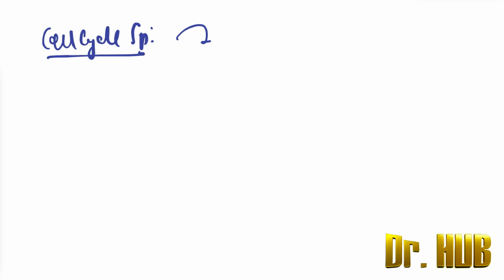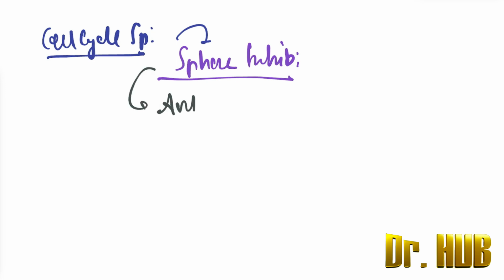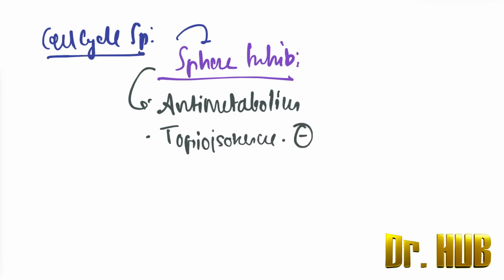Next, broadly we'll look at the cell cycle specific drugs. Under the cell cycle specific, there are the S phase inhibitors. Under the S phase inhibitors, it includes the anti-metabolites, and there are also the topoisomerase inhibitors.